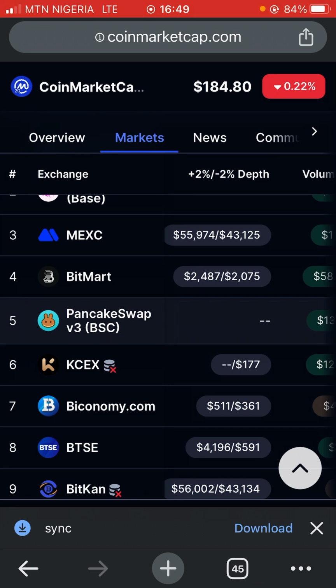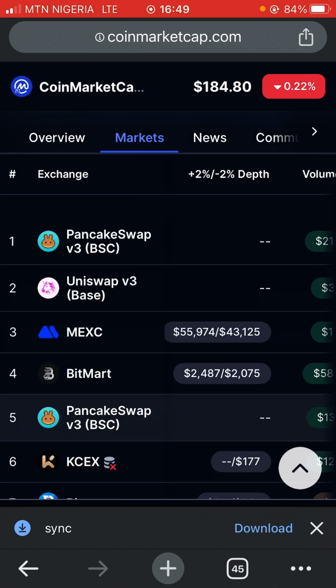Do you understand? From here you are seeing this plus 2%. It simply means where we have the buy stops, like the stop loss for sell orders. And when you see the minus 2%, we have the sell stops, the sell limit orders and the stop losses.